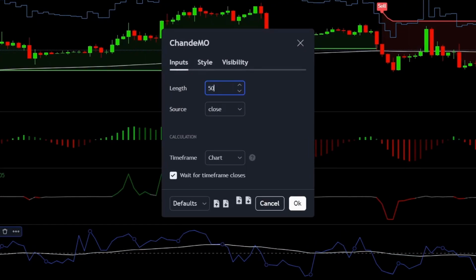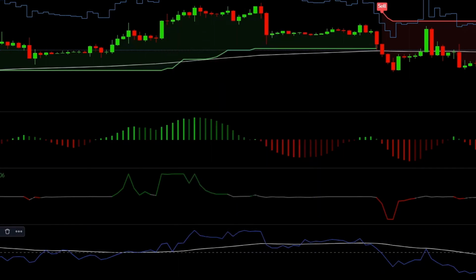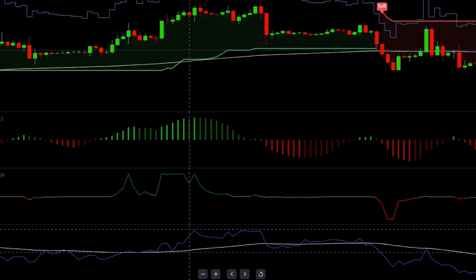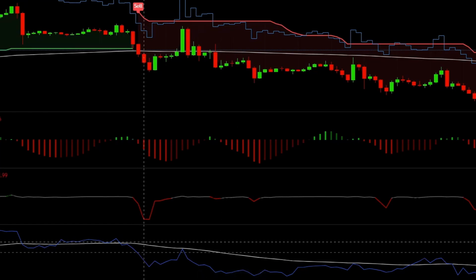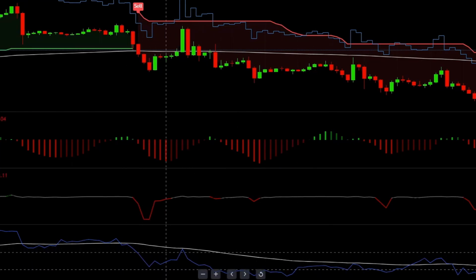Change its length to 50 also. Now this 50-50 setup has worked for me multiple times before. Generally, long entries would only be allowed if the ChandeMO is above its moving average. So in this period, long entries are allowed, and short entries are only allowed when the ChandeMO is below its moving average line. For example, here.